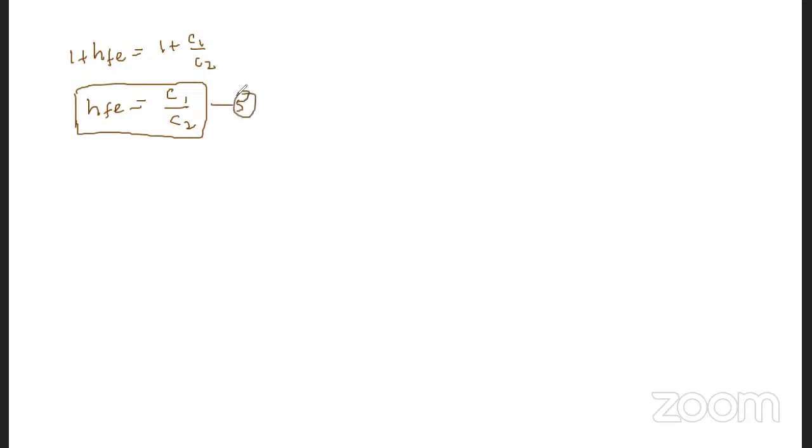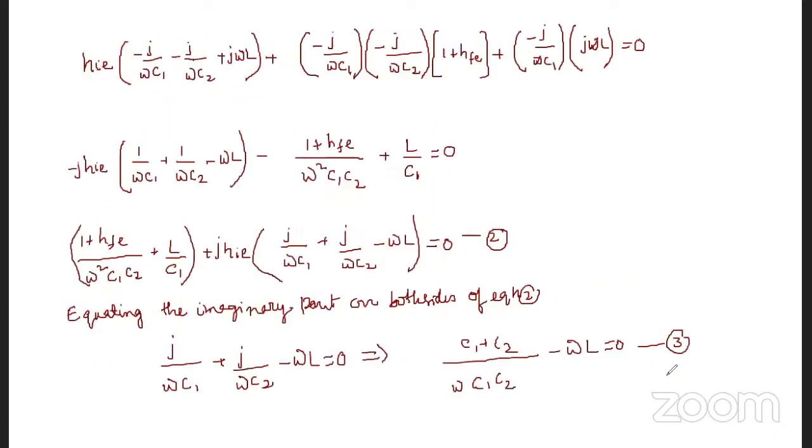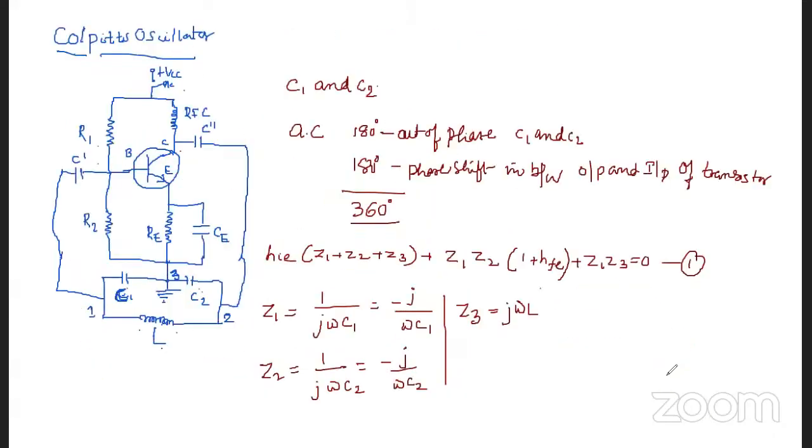So this gives the condition of sustained oscillations in Colpitt's oscillator. So the circuit can be adjusted for oscillations by varying the C1 and C2 values. So we can adjust the oscillations. So these are for Colpitt's oscillator. So Colpitt's oscillator is similar to the Hartley oscillator.